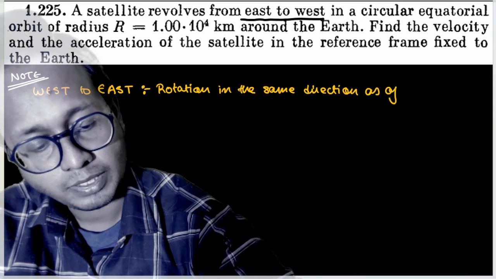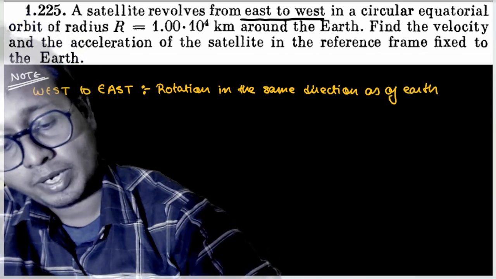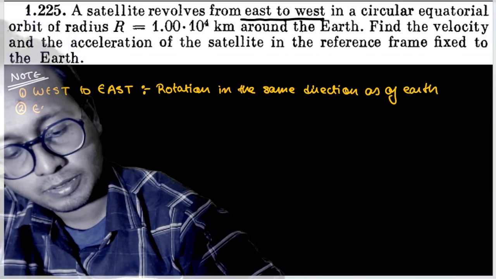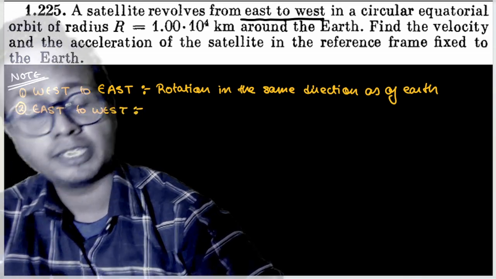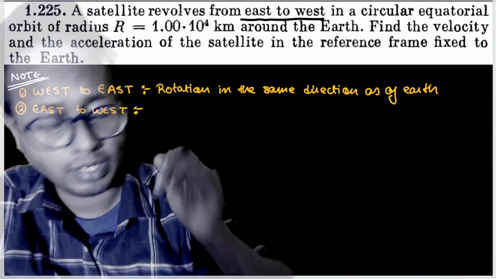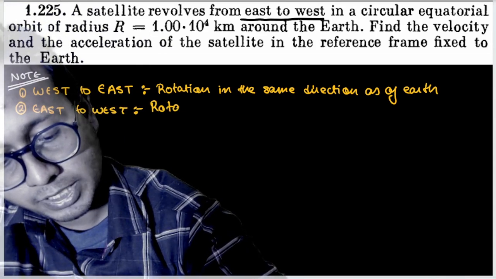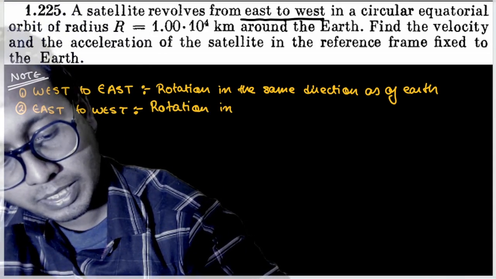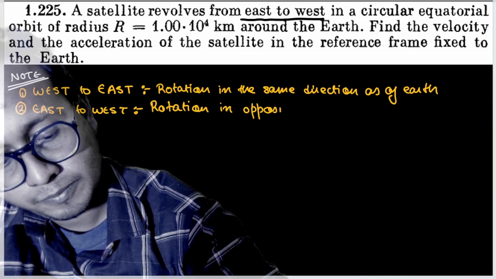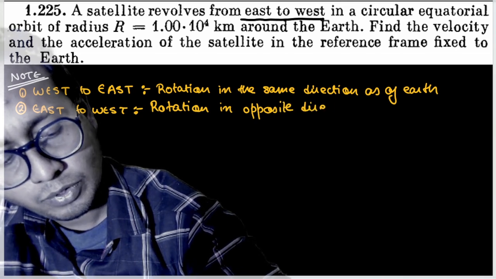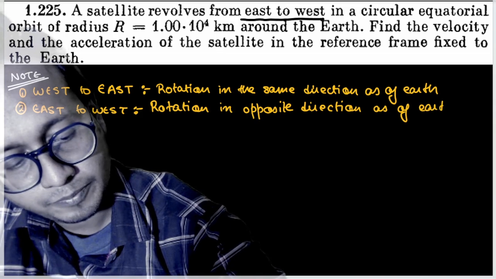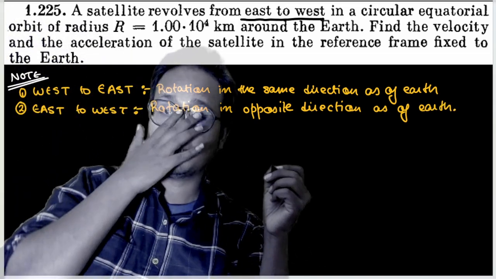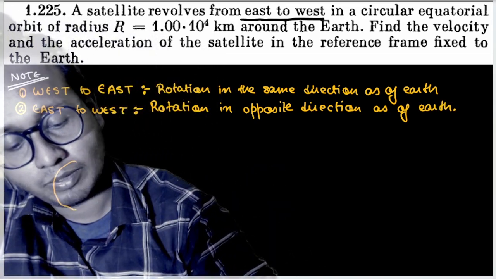And whenever a satellite travels from east to west, that means the satellite is rotating in the opposite direction to the rotation of Earth. So rotation in the opposite direction as of Earth.